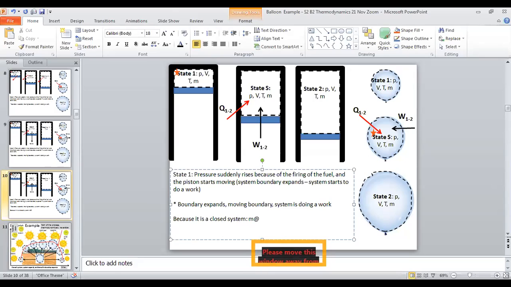Mass at state 1 is equal to mass at state 2.